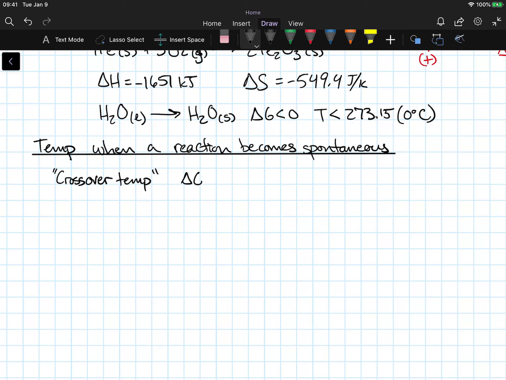It's when delta G goes from being greater than 0, or non-spontaneous, to delta G being less than 0, or spontaneous. And so it happens in the intermediate between those two. It happens when delta G is equal to 0.